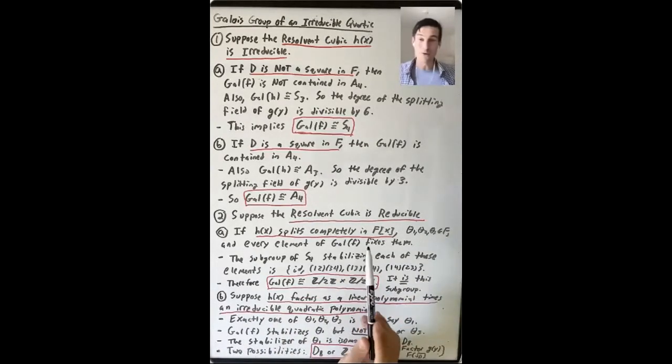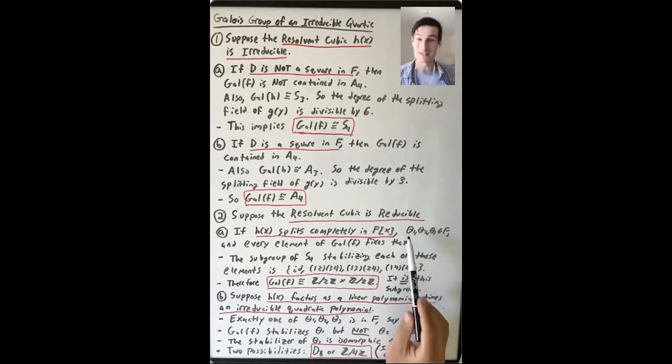Okay, so what are we looking for? The Galois group of f you can think of as a set of permutations in S4 that permute the roots alpha 1, alpha 2, alpha 3, and alpha 4. So you can check which subgroup of those permutations fix theta 1, which remember was defined as (alpha 1 plus alpha 2) times (alpha 3 plus alpha 4).